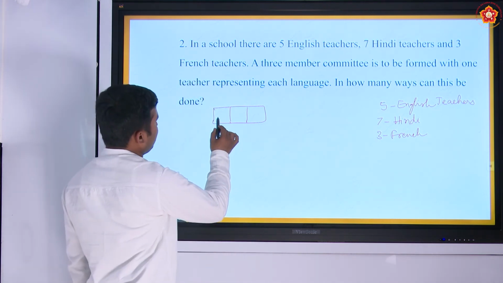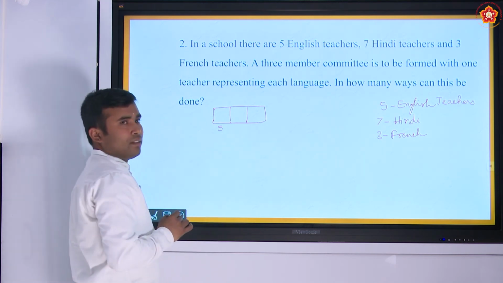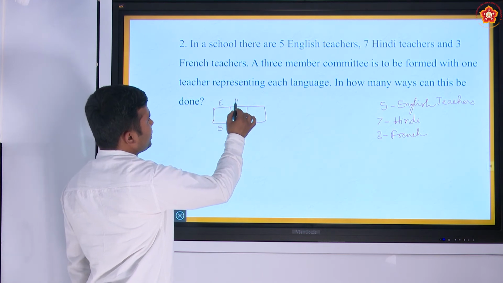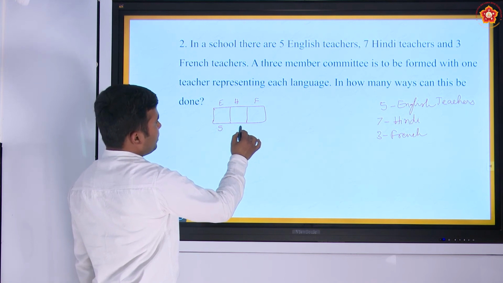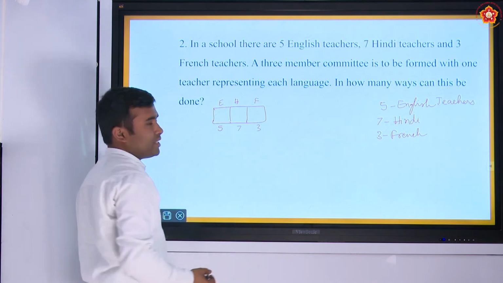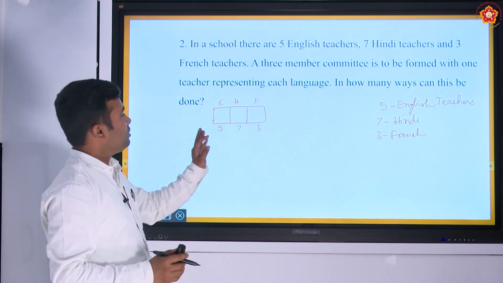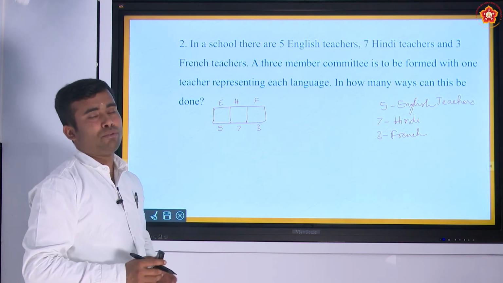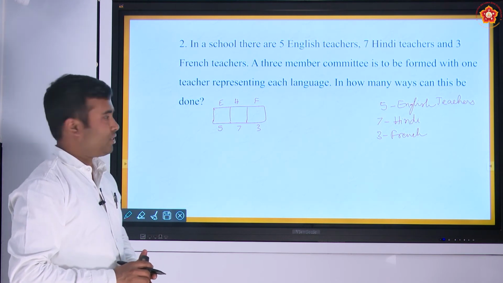Here, if you take the English teacher, I can make 5; here the English teacher, Hindi teacher, French teacher, and here will be 7 teachers, and here will be 3 French teachers. I can form 5 into 7 into 3.